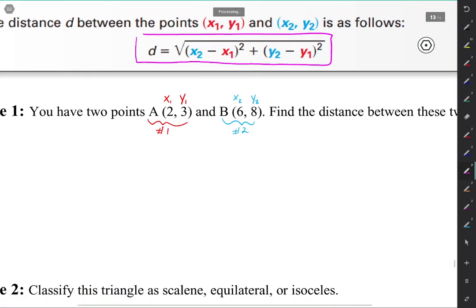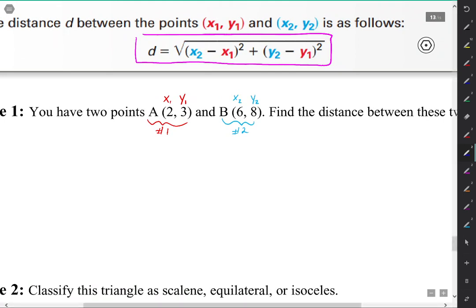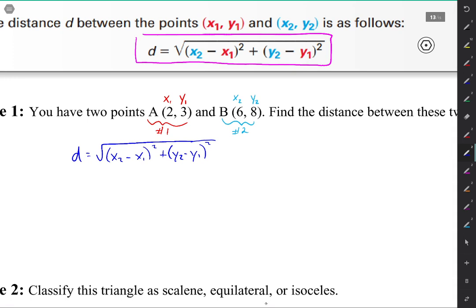So now let's take our distance formula and plug in what we have. I'm going to write down the formula. The formula is the square root of (x2 minus x1) squared plus (y2 minus y1) squared. Now let's plug in the x1, y1, x2, y2 values that we have.